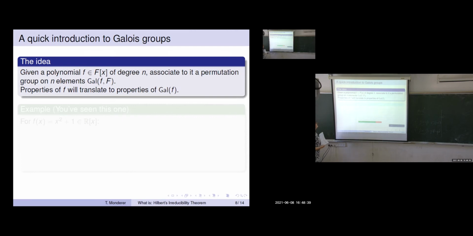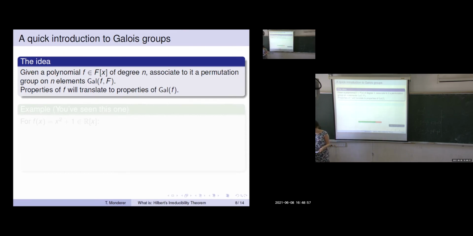Okay. So suppose we have a polynomial f of degree n. What Galois theory does is we get a permutation group on n elements, where n is the degree of the polynomial, and we call this group the Galois group of f.